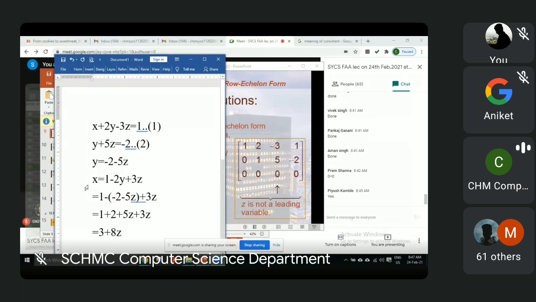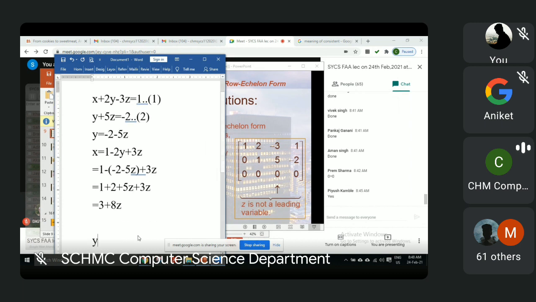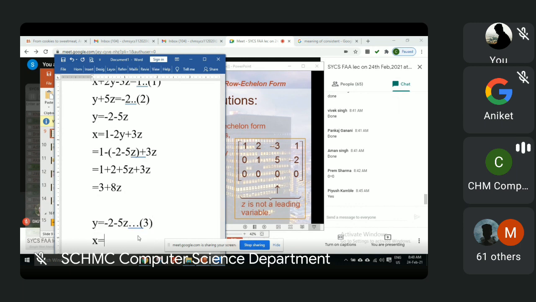which becomes 3 plus 8z. So now note y in terms of z and x in terms of z. This particular row echelon form is going to give me these two equations. I'm just rewriting those equations for you. y equal to minus 2 minus 5z, I'm writing this as 3, and x equal to 3 plus 8z, I'm writing this as 4.